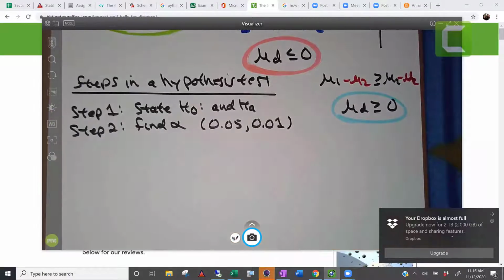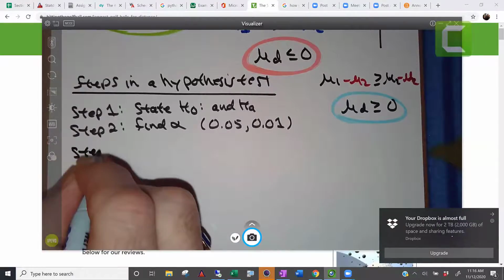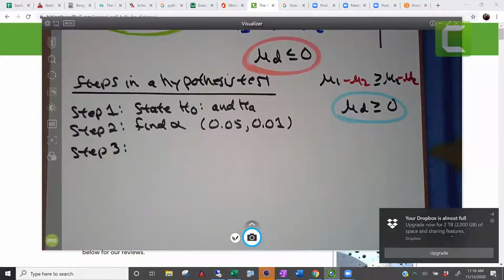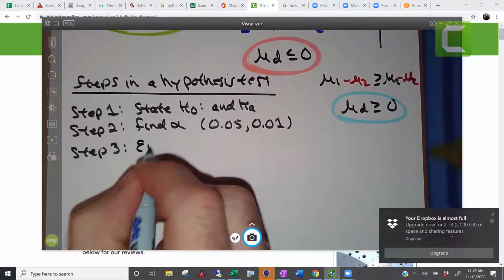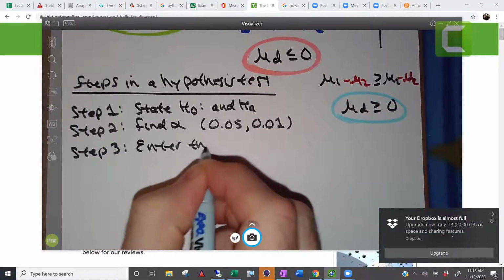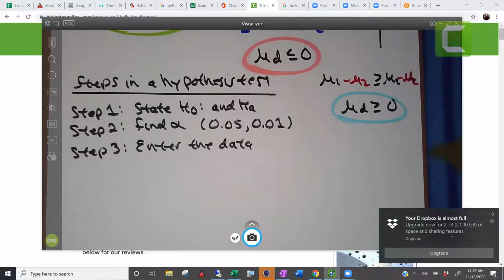Now, the book uses 0.1 from time to time. That seems pretty big to me, but as far as just a textbook example, it's fine. Step 3 for us has been to enter the data. Generally speaking, that's into Statdisk or a graphing calculator.